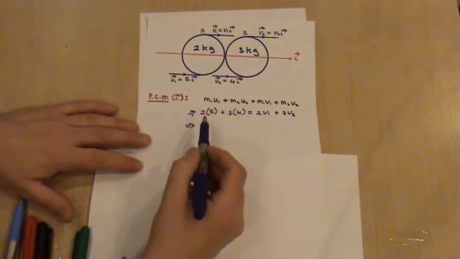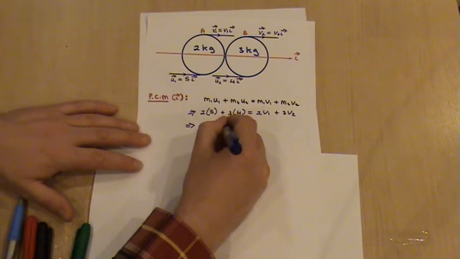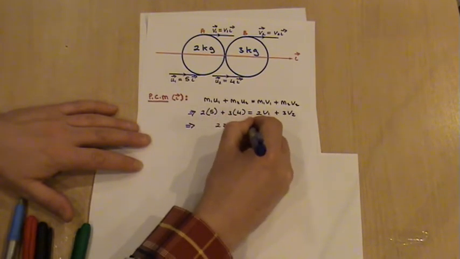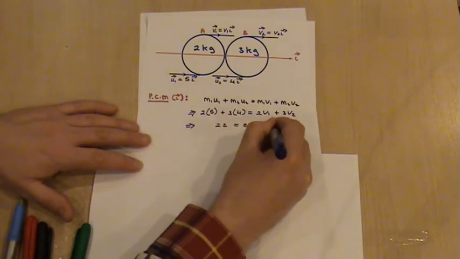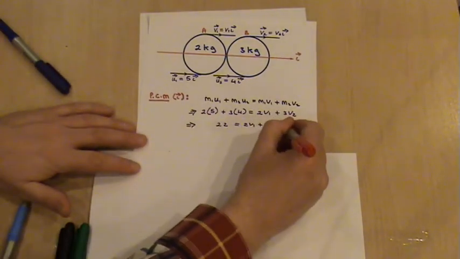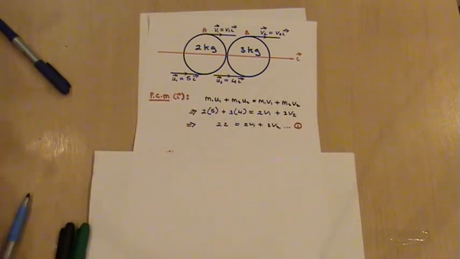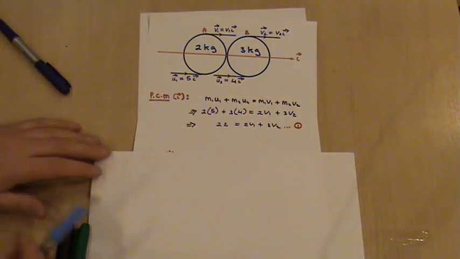On the left hand side, we get 10 plus 12, which is 22, and this equals 2v1 plus 3v2. We'll label this as equation number 1, as we'll be coming back to this.